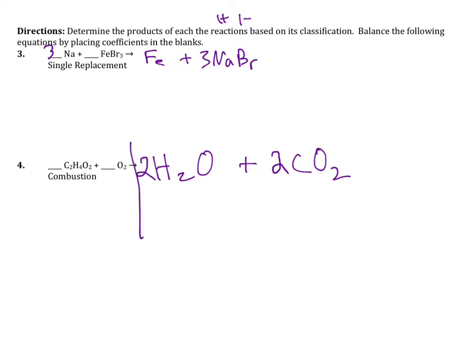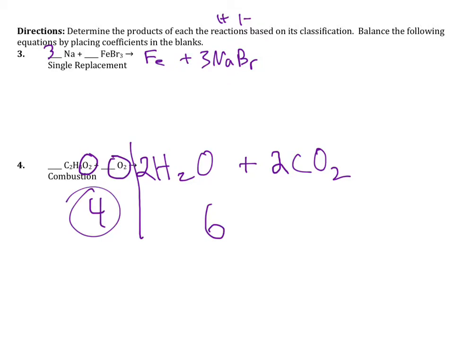So on this side, there's going to be 4 oxygens. And on the right side, there's going to be 6 oxygens. And the reason why is because on the left, there's 2 oxygens here and there's 2 oxygens here. That's how we get this 4.